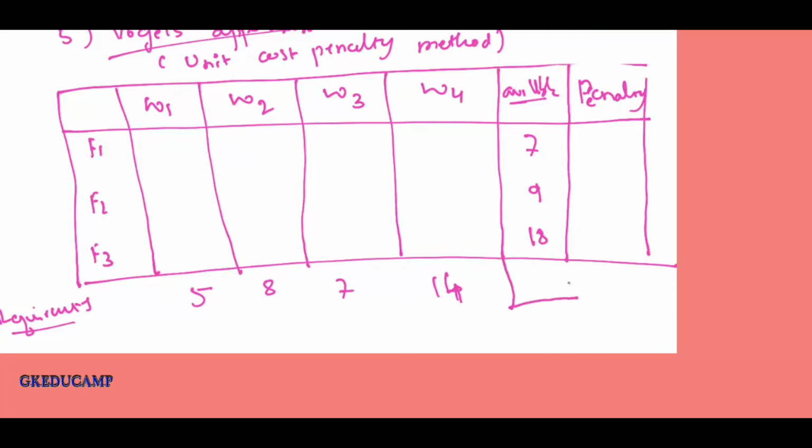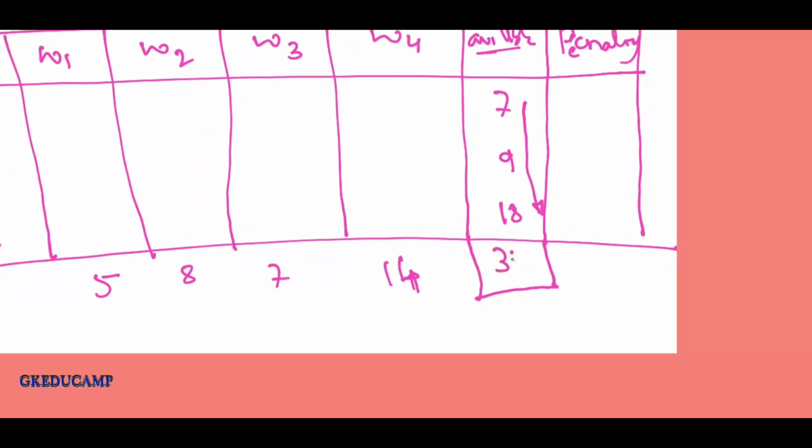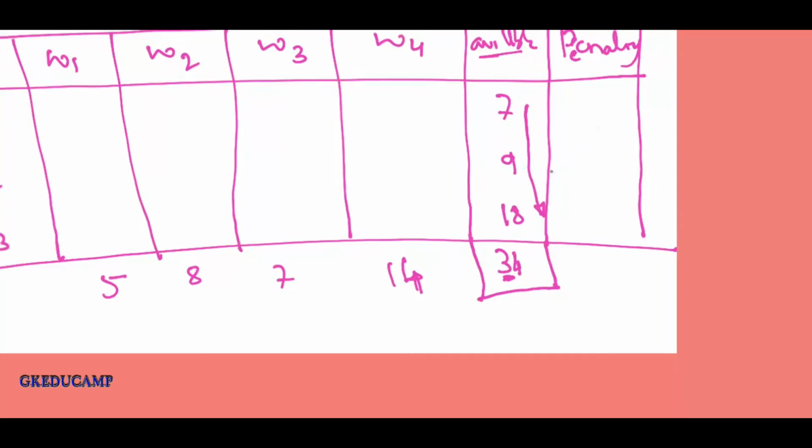In each and every method you have to check whether this is a balanced matrix or not. When you add the vertical values and horizontal values, you should get 34. Then only it will be a balanced problem, and you can proceed to the next step. Otherwise you have to make it balanced first.